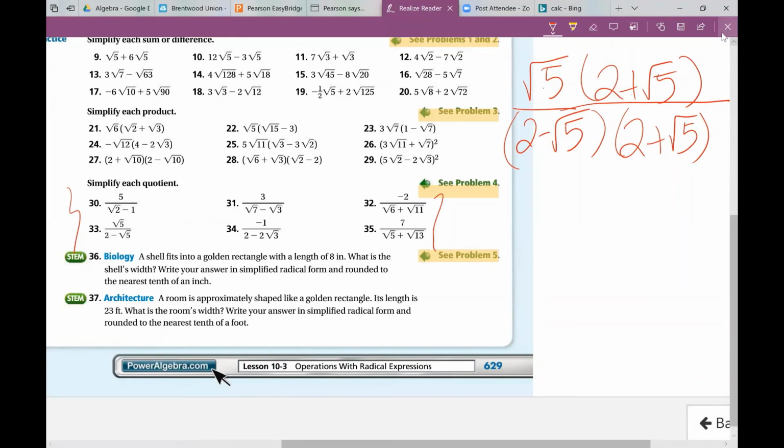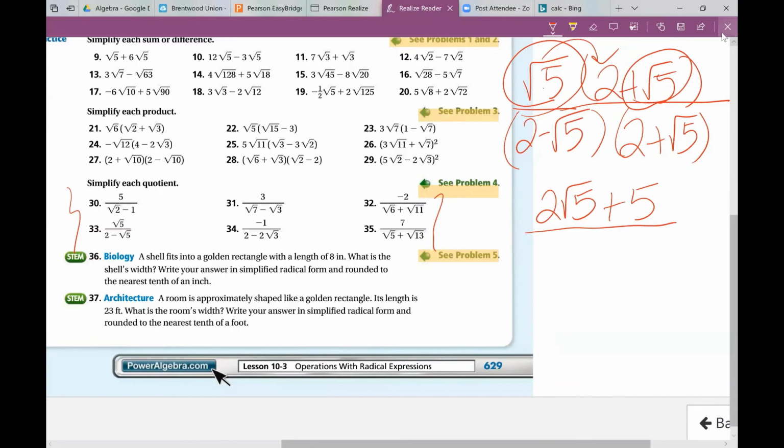So I'm going to start on the top because that's a little bit easier to do and distribute. So radical 5 times 2 would be 2 radical 5. And then radical 5 times another radical 5 would just be 5. So I've distributed completely on the top, nothing else I can do with that.